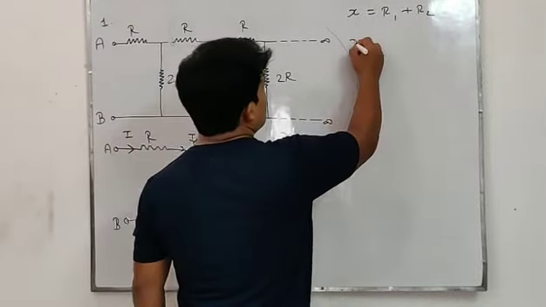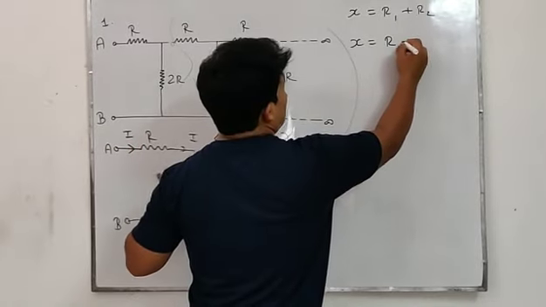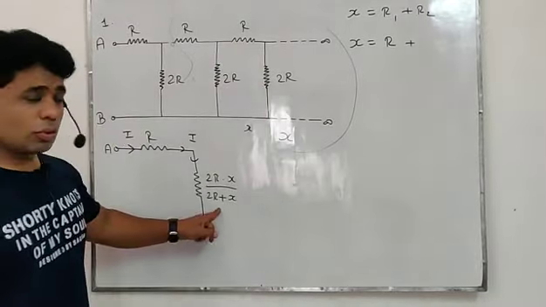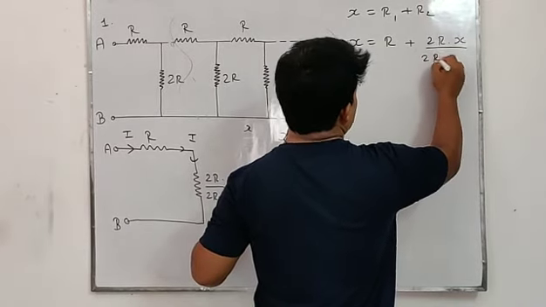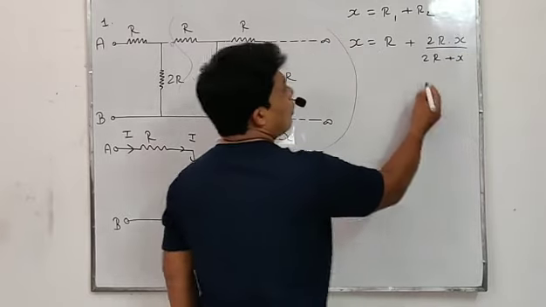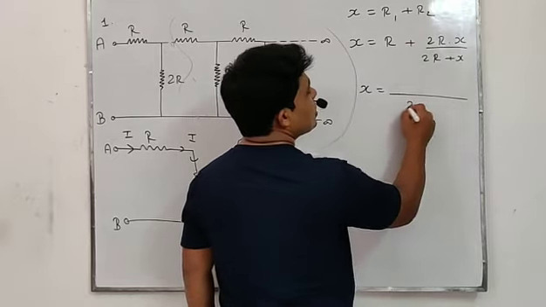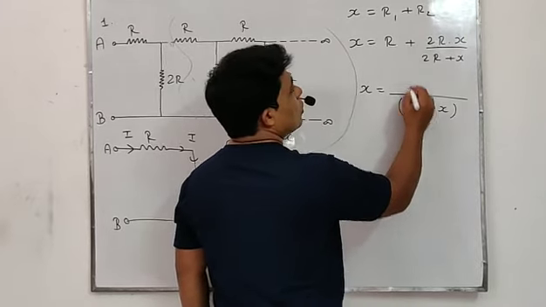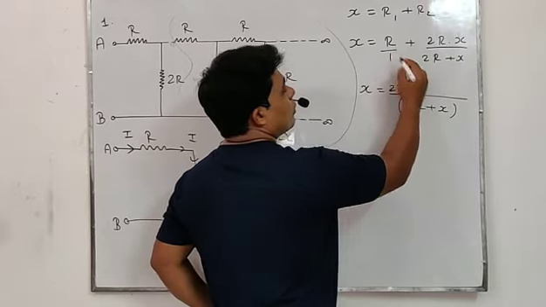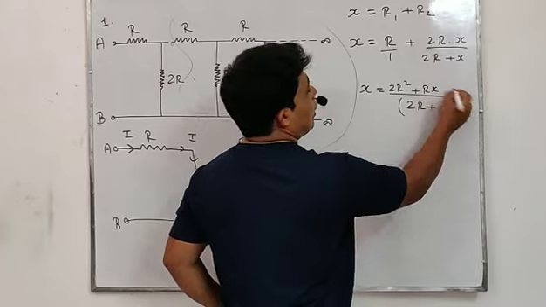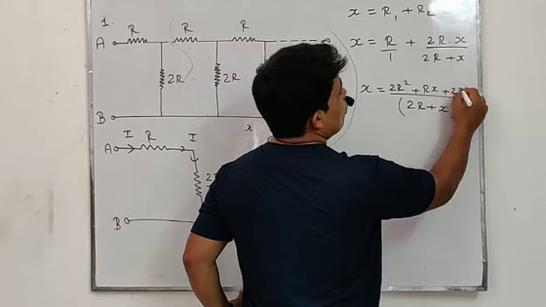Now put the values of R1 and R2. Here students, what is R1? R. We will write R. What is R2? This one, 2R into X upon 2R plus X. On taking LCM, the LCM will come as 2R plus X. So there comes R into 2R, 2R square, X into R, Rx, plus 2Rx.